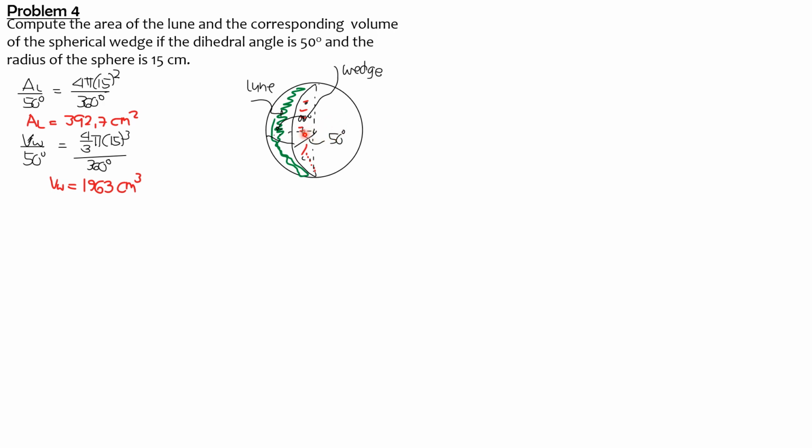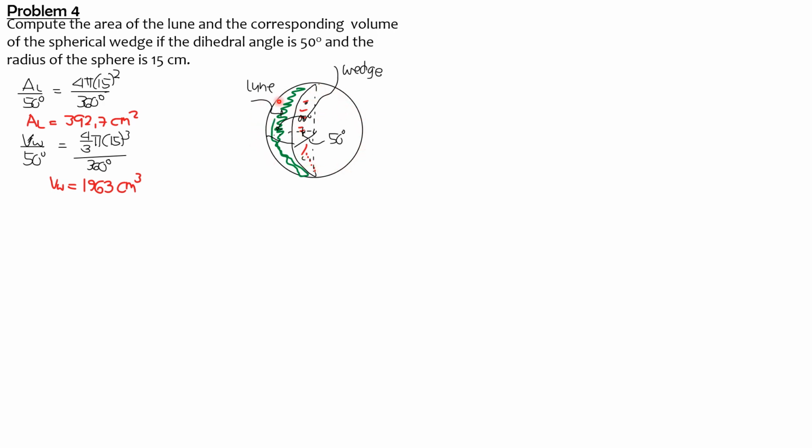The dihedral angle is given 50 degrees, and we do not memorize formula, we just apply ratio and proportion here. Because if the dihedral angle is 360 degrees, then it is now the surface area of the sphere, and it is also the volume of the whole sphere.